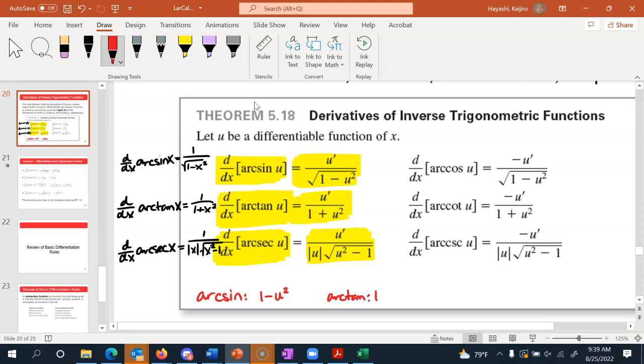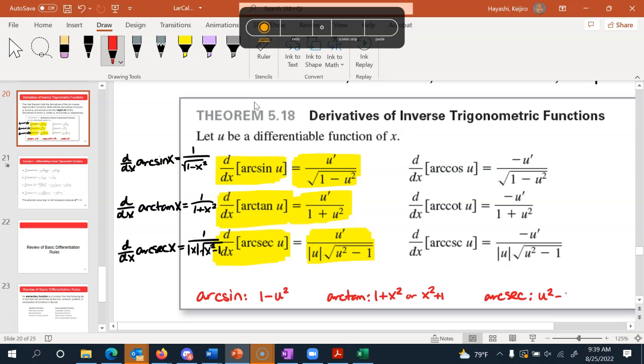Arctan is marked by having them added together. So you might also see x squared plus 1, because addition is commutative, whereas subtraction is not. And arcsecant is marked by having the variable squared minus 1.